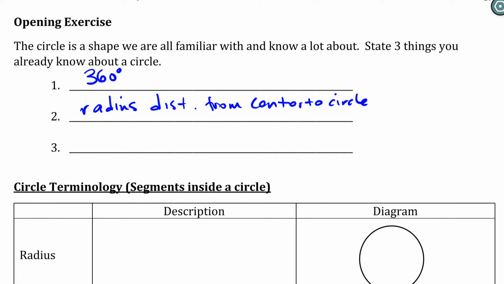And you should know that it has a diameter, which is 2 times the radius. Some of the terminology that we'll use in this course is going to have us remembering some of this stuff.